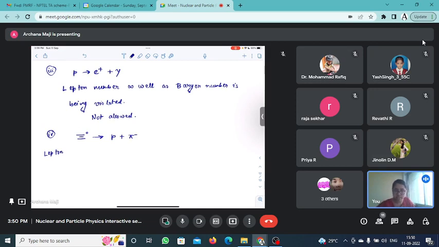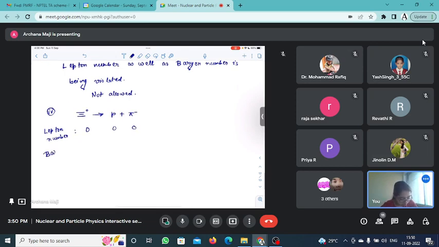Charge is conserved. So none of these are leptons, right? What about the baryon number?